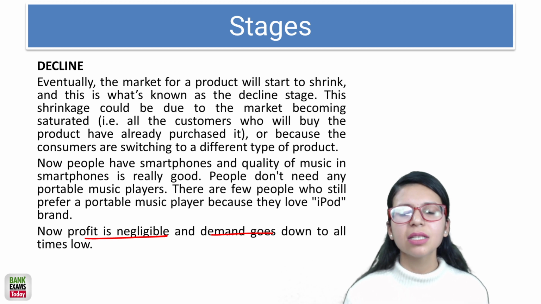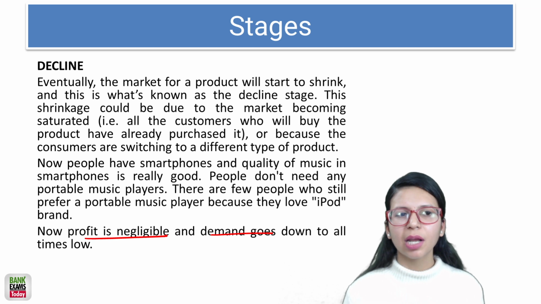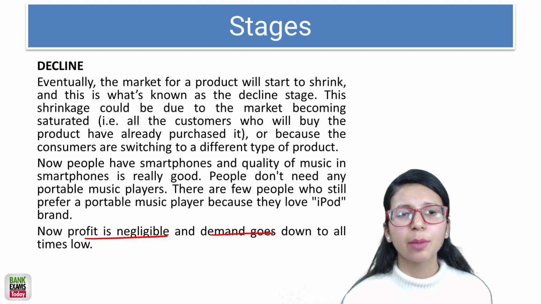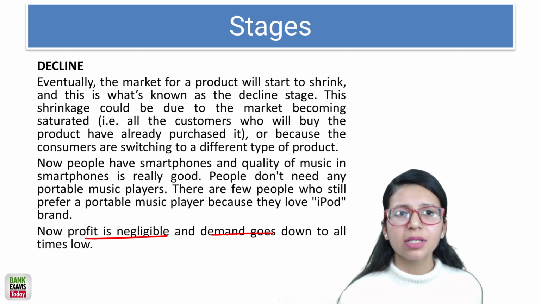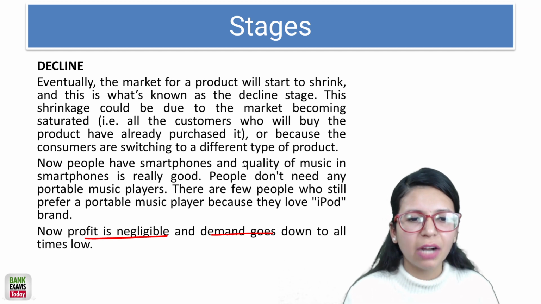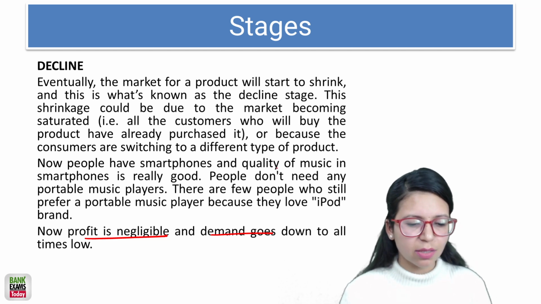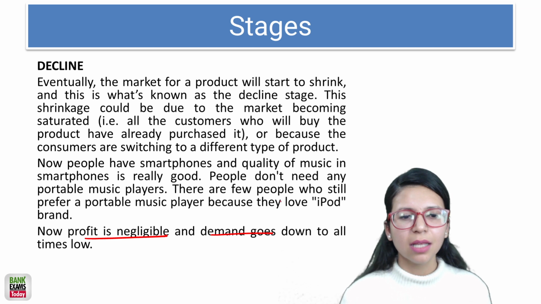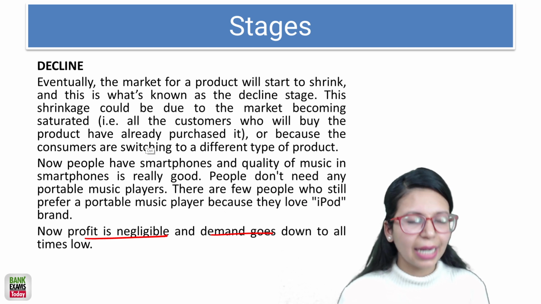Because the people who were buying the Apple iPods, there were competitors, the Chinese producers, who started producing that. And then there came a stage where people don't need any iPod or music players, because nowadays we have smartphones, and the quality of music is very nice in these smartphones, so we don't need any iPods or these music players. That's why the demand declined.